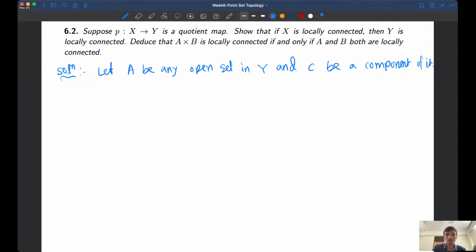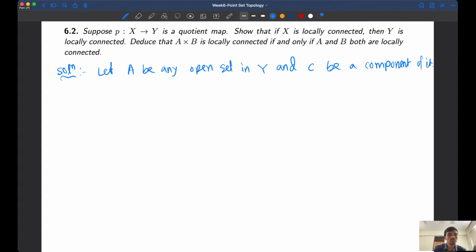C is a subset inside Y. If I can show that P inverse of C is open, then we are done, because this is a quotient map. I know P inverse of C is open if and only if C is open, right?